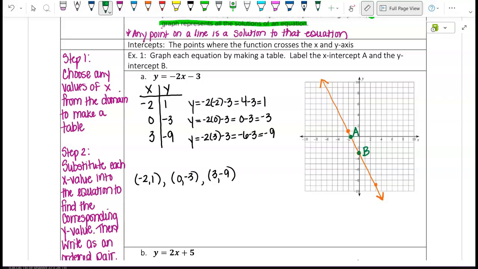Now, again, to add a little note here, because we said on Friday, well, we just need 2 points to make a line. And that is true. You can make a line through 2 points.